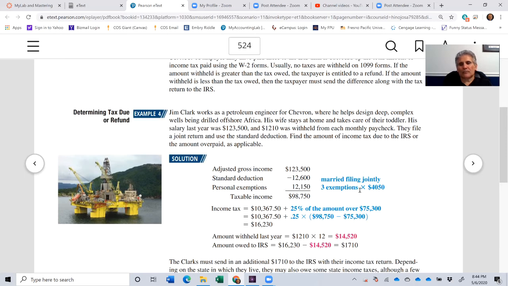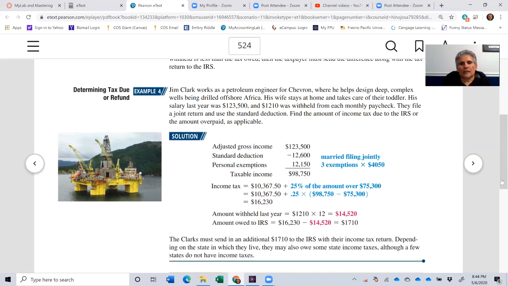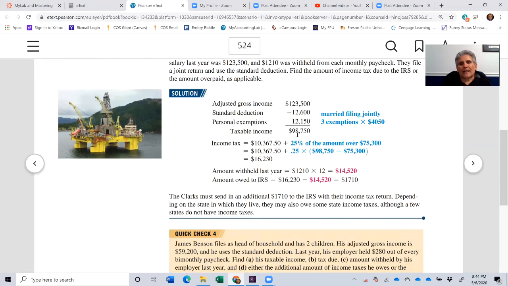So 3 exemptions multiplied by 4,050. And that gives us a total of 12,150. So 123.5 minus 12,600 minus 12,150 gives us a taxable income of $98,750. So now we're going to take the $98,750 and go to the married filing joint table.